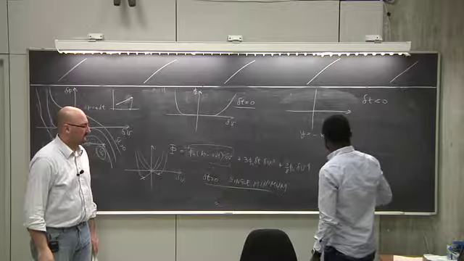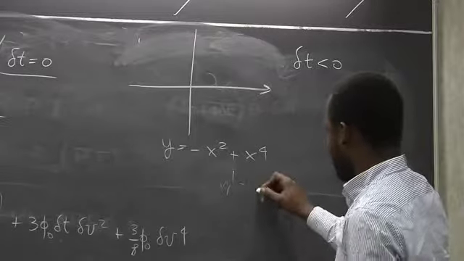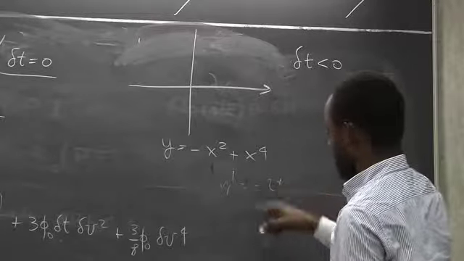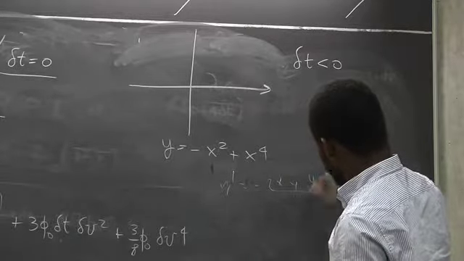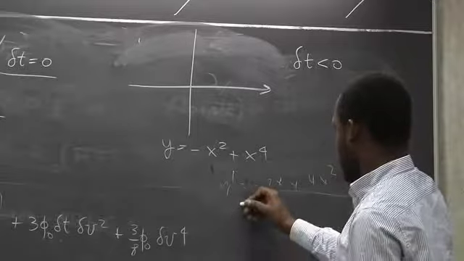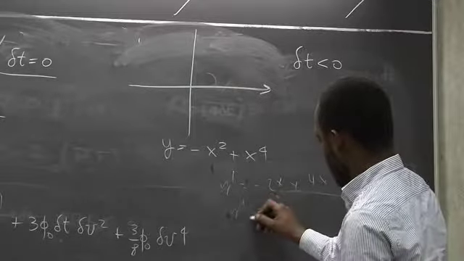y prime we will call minus 2x plus 4x cubed. So if I need the sign of this, it is equal to 0.